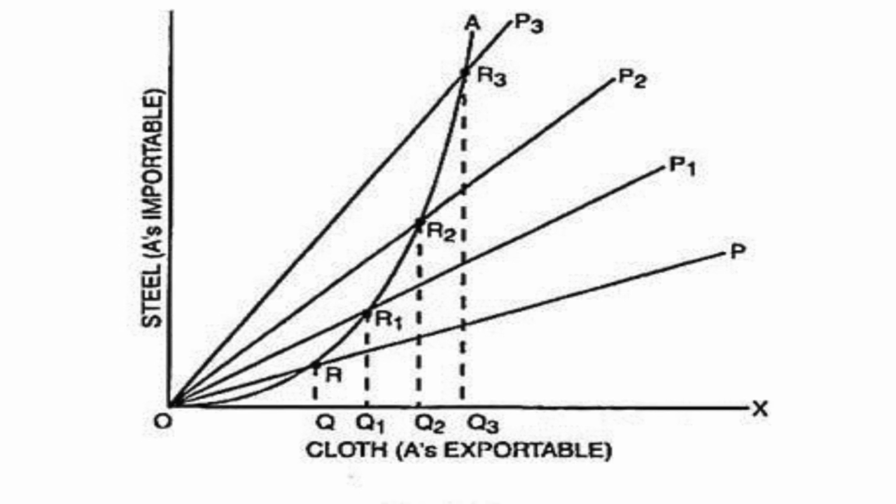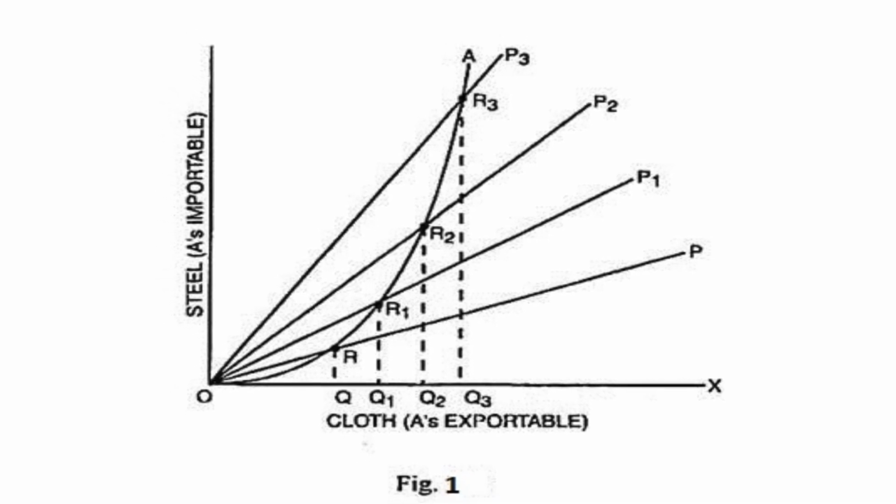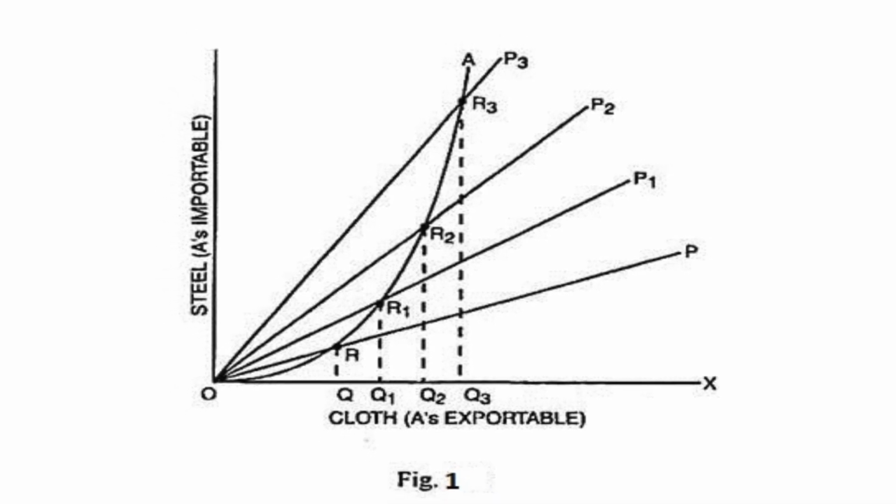Now if you see figure 1, we are trying to draw an offer curve for country A. For the time being, we are assuming that country A has a comparative advantage in producing cloth as compared to steel. For example, the number of labor required for production of cloth in country A is comparatively less as compared to the number of labor required for production of steel. So country A is always in an advantageous position if it exports cloth in place of steel.